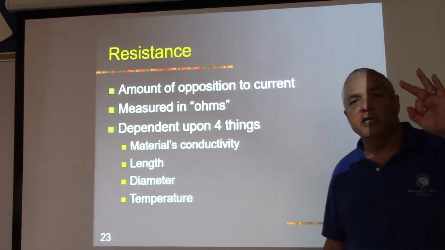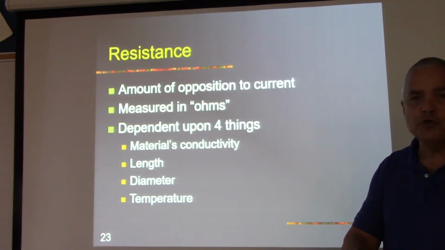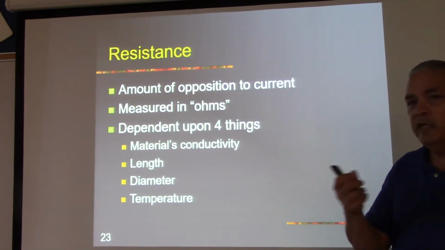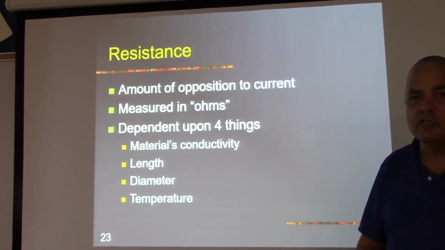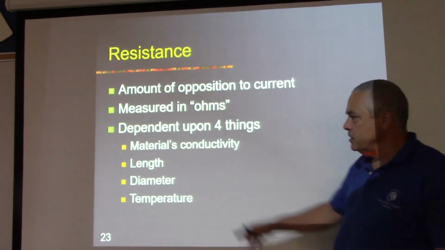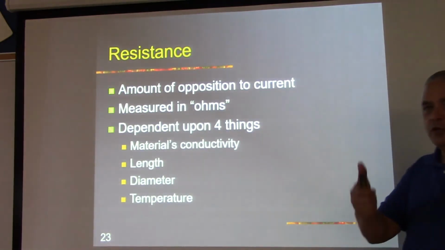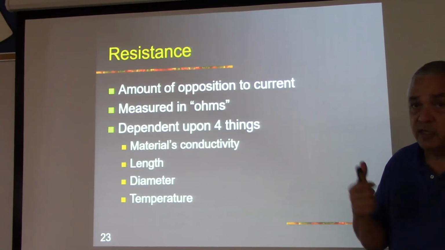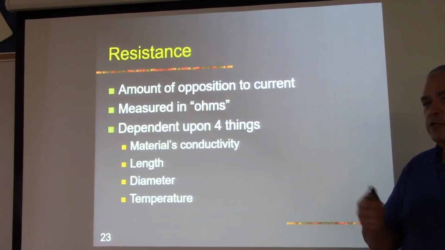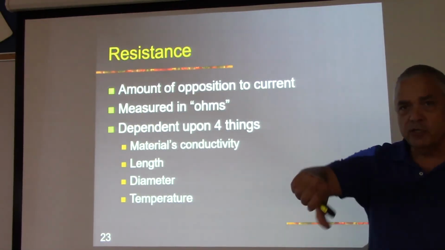A really skinny conductor, I've seen little wires with current flowing through them actually burn in two because the resistance is so high. Skinny conductors have high resistance, thick conductors have low resistance. And then temperature, like we were talking about earlier. As the temperature goes up, so does the resistance in a conductor. What happens as the temperature goes up to the resistance in an insulator? Yeah, that's right, it goes down.